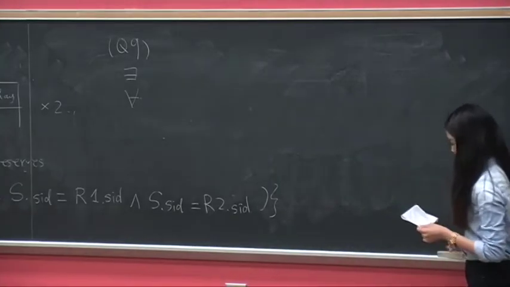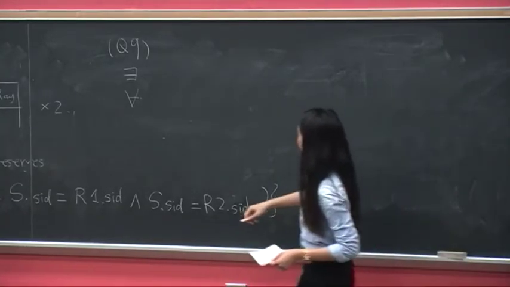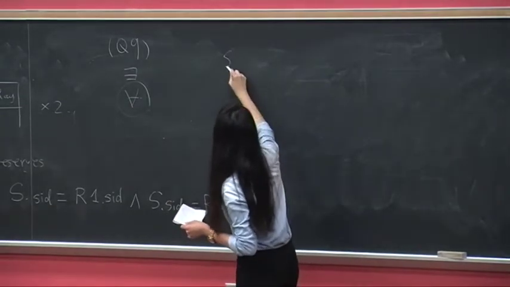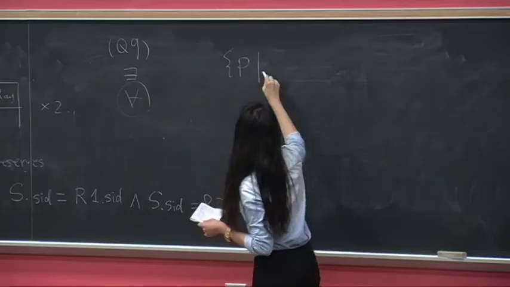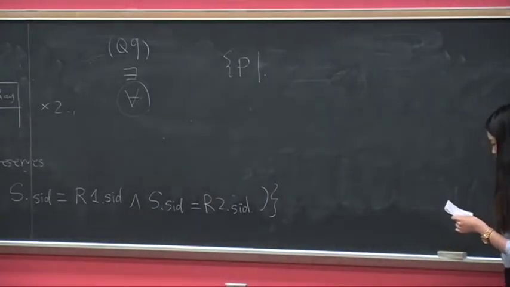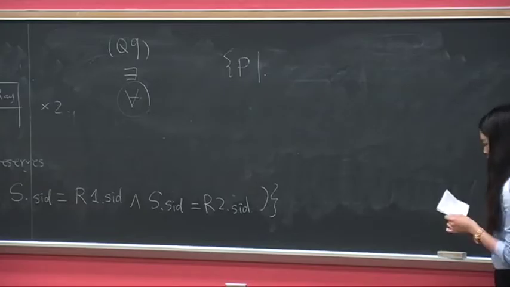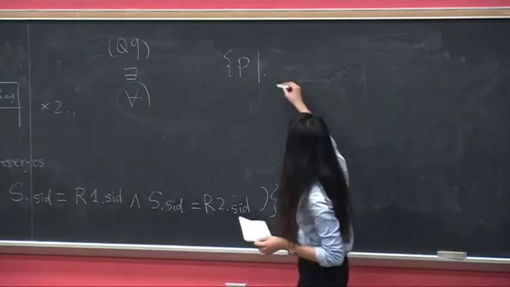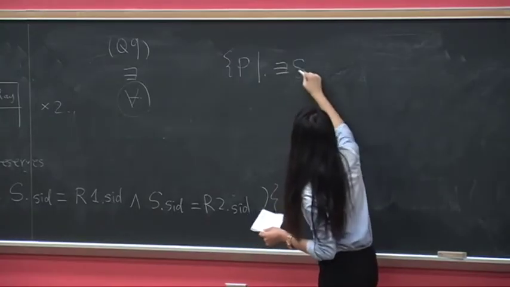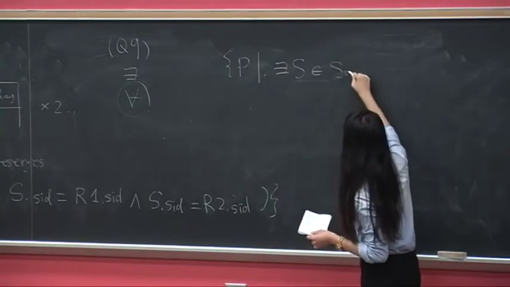So how should we do this? This is the one we want to use. Also, start from here. This is kind of tricky, I'll just work on that. So we say the tuples P, there exists S from sailors.